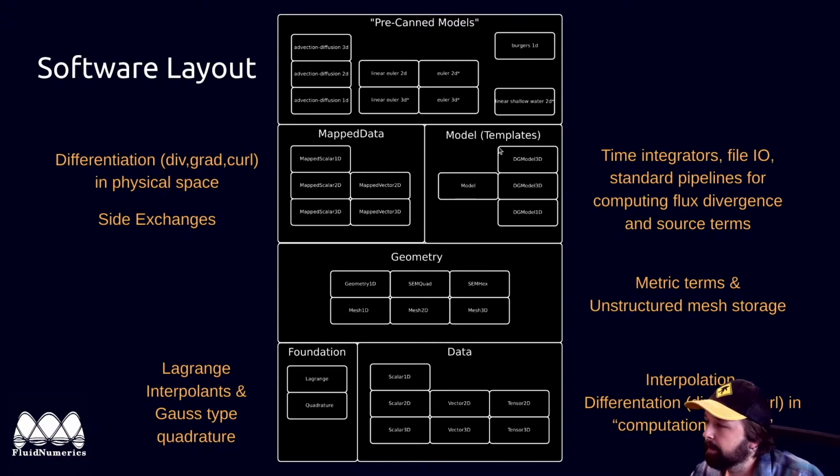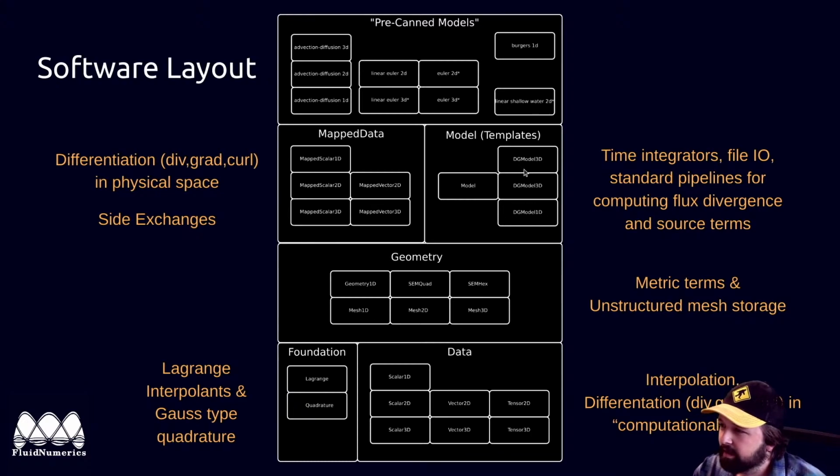In the model class, we have a number of time integrators that are built in by default, and that's stored in model. And we have generic type. There are deferred procedures in that model class for doing things like the flux divergence pipeline, etc.